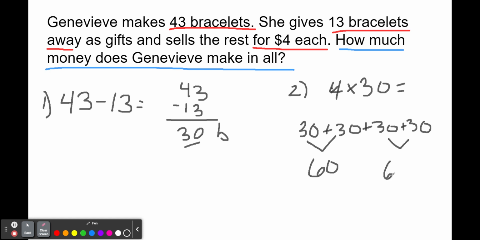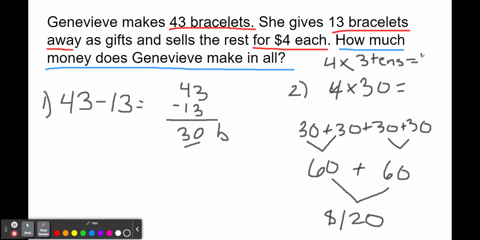So that's going to give me 60 plus 60. And then if I add 60 plus 60, that's going to give me 120. So she's going to make $120 in all.